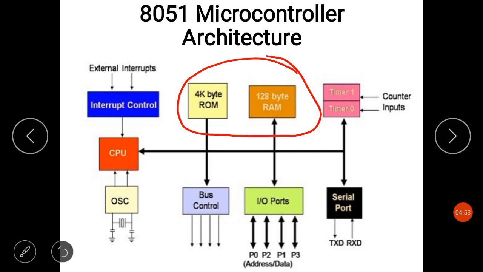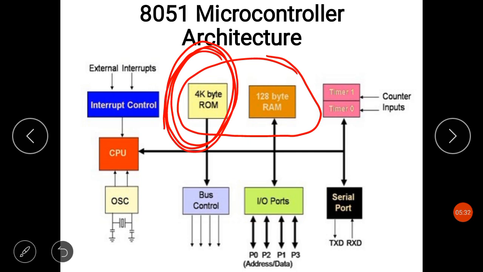The memory used to store that program is recognized as program memory, or code memory, and in common language it is also known as read only memory. The read only memory of the 8051 microcontroller is used to store the program, which is later interpreted by the microcontroller, and according to that program the microcontroller performs the task.